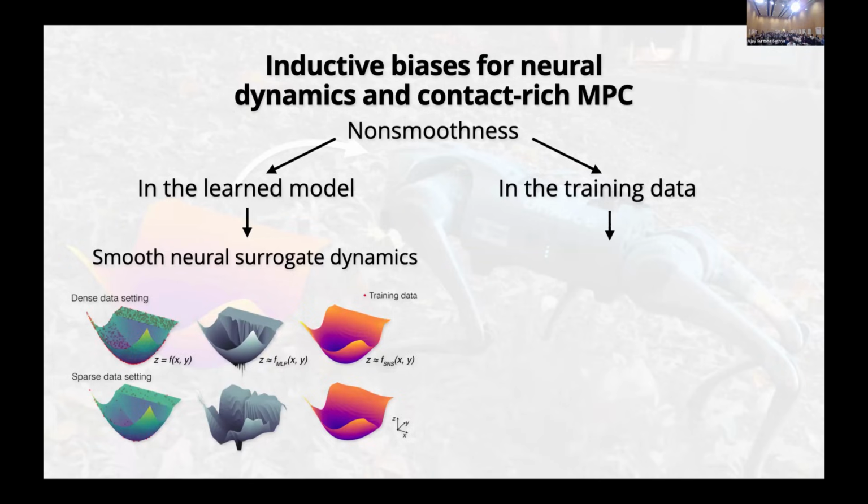One is a physical scenario: we're trying to model non-smooth dynamics, and we want to smooth that out to enable better online optimization. The second is that neural networks are notorious for having artificial local irregularity just from the learning process itself. Smooth neural surrogates smooth out both of those globally so that online optimization is much easier.